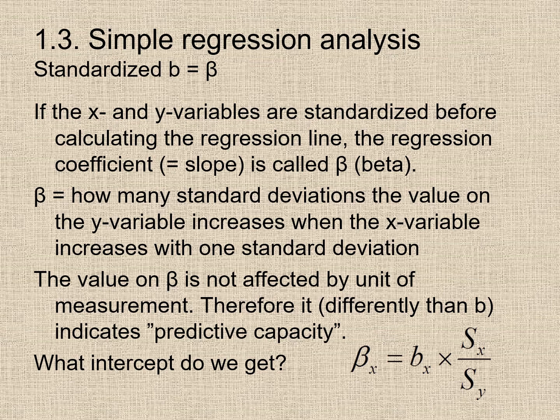So if one independent variable has a beta coefficient that deviates more from 0, that independent variable seems to have a stronger association with the dependent variable compared with some other independent variable that has a beta coefficient that deviates less from 0. So the more the beta coefficient deviates from 0, the stronger the association between the independent and the dependent variable.